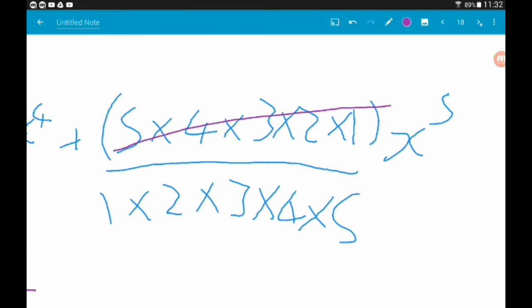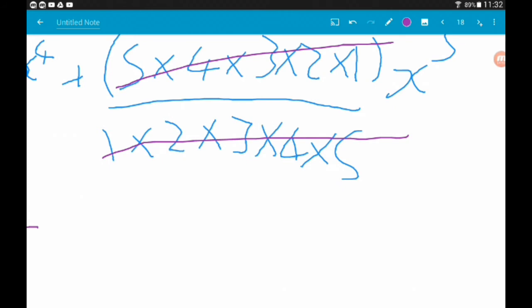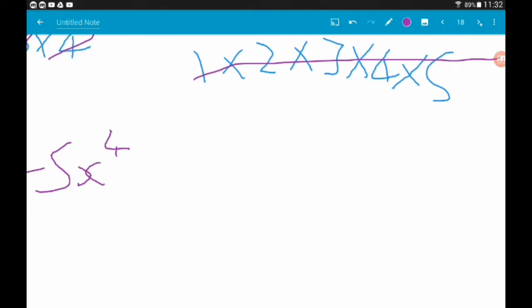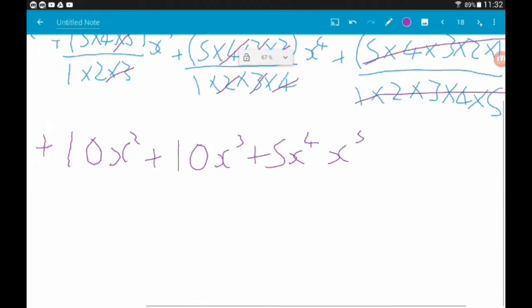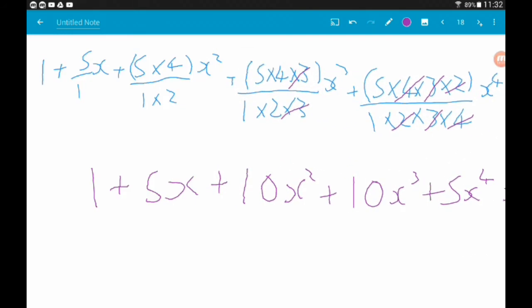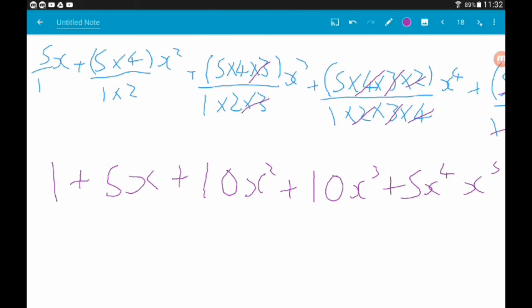So these two cancel out completely and just leave us with 1x to the power of 5. So there is our expansion of 1 plus x to the power of 5 using the formula, which is exactly the same as we would get using Pascal's triangle.